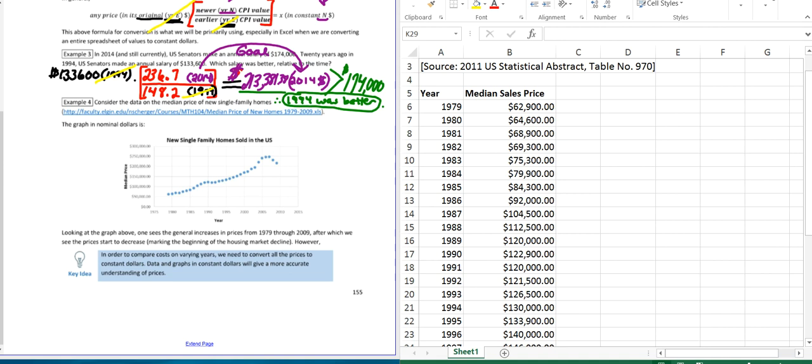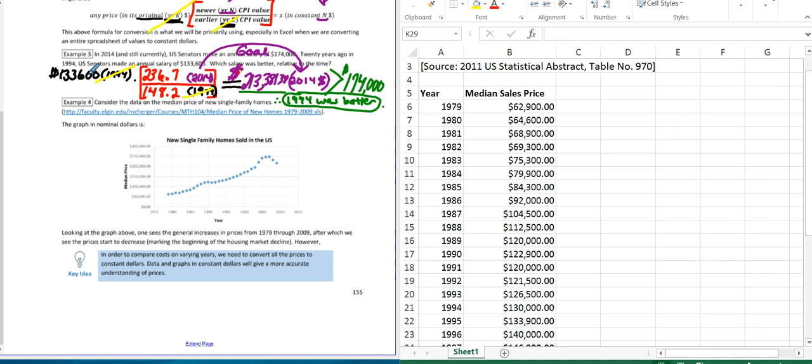The last example we did was, when a senator made $133,600 in 1994, multiplying by the appropriate ratio from the consumer price index, that would be equivalent to making $233,381 in the year 2014. So those two salaries are equivalent. Making $133,600 in 1994 would have been like making that $213,000 value in the year 2014.